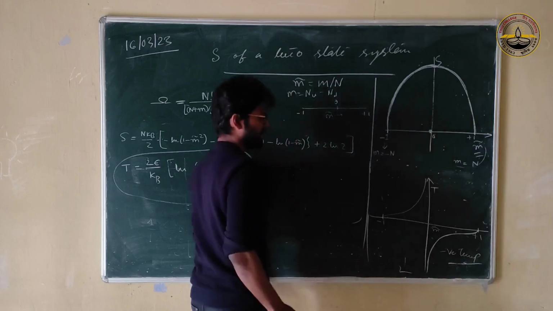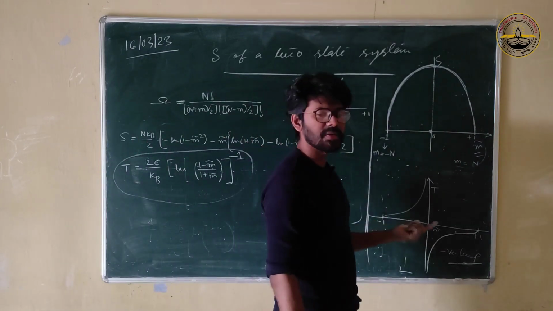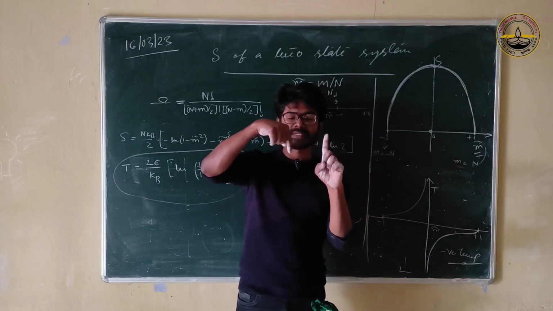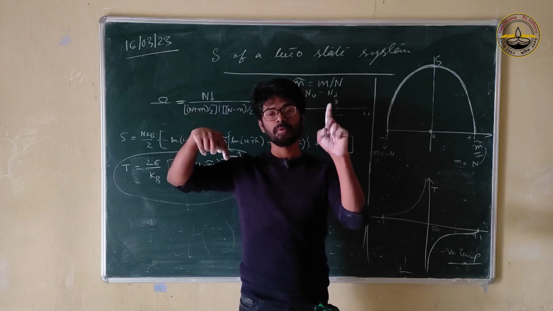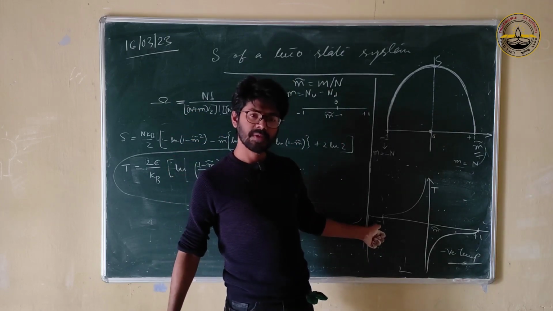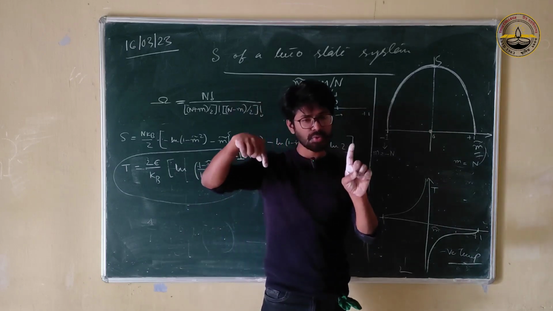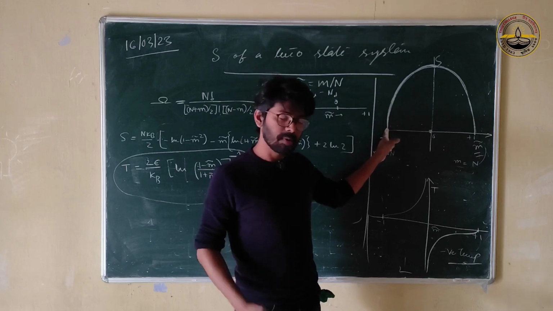Now on the other side, if we start from the situation where you started with all the spins pointing down, the magnetic field pointing up, then you are at m tilde equal to -1. Now that's also the most ordered state. It corresponds to entropy equal to 0, minimum.